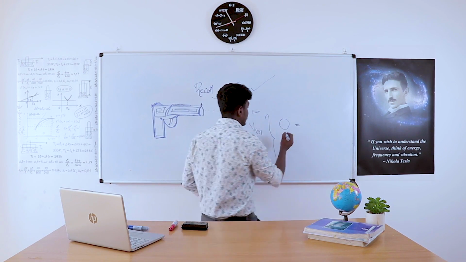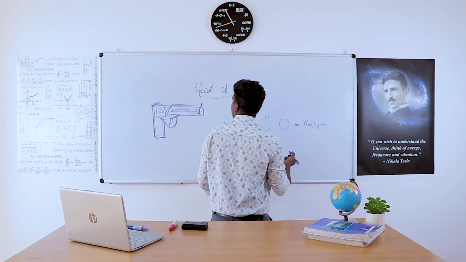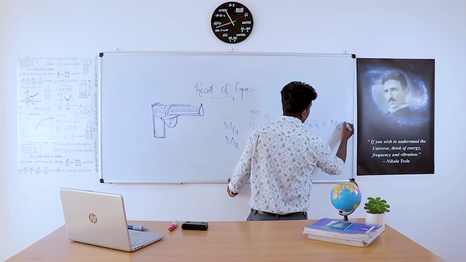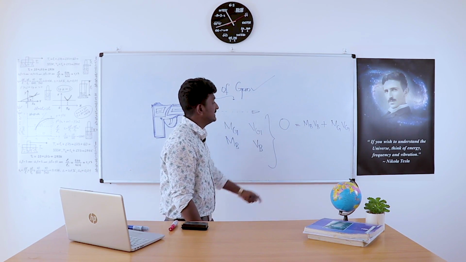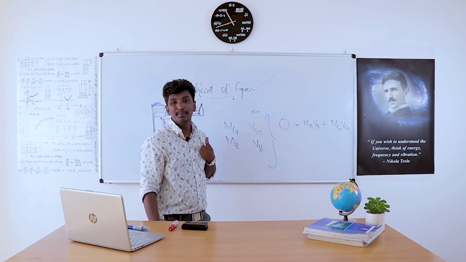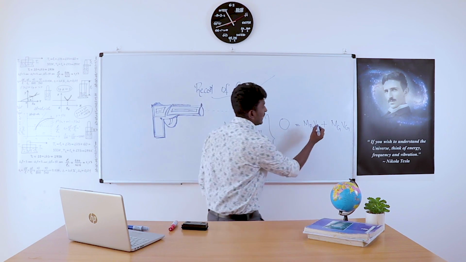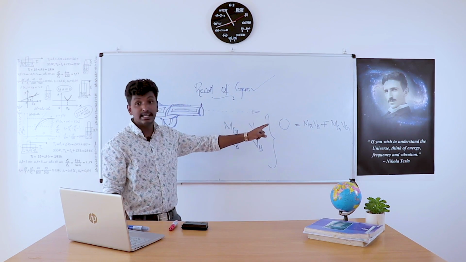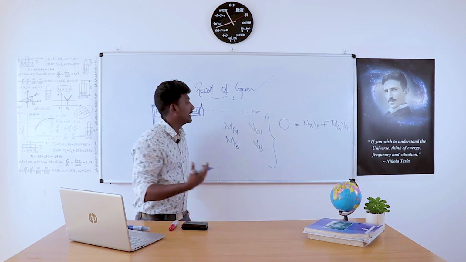Momentum of the bullet is mb Vb, plus momentum of the gun is mg Vg. Since the gun is moving backward, in the opposite direction of the bullet, I'm putting a negative sign. This negative sign indicates that the gun is recoiling, that means the gun is moving backward.